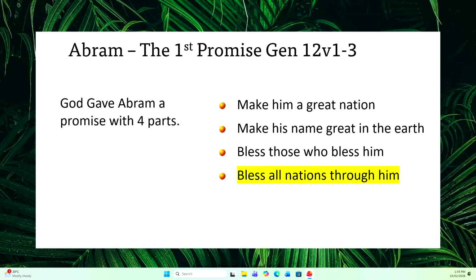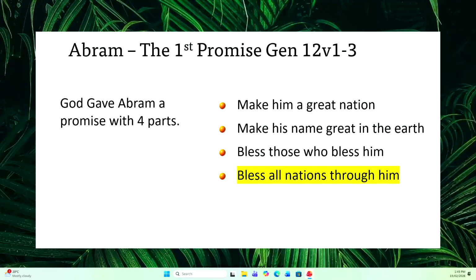In Genesis 12, God makes a promise to Abraham that has 4 parts. That he would make Abraham, who didn't even have a son at this stage, a great nation, would make his name great in the earth, bless those who bless him, and bless all nations through him.